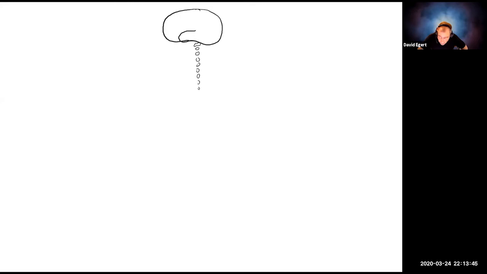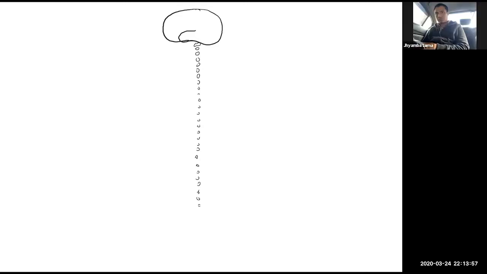And then 1 through 12, 12 thoracic vertebrae. 1, 2, 3, 4, 5 lumbar vertebrae. 1, 2, 3, 4, 5 sacral vertebrae. So these are all the vertebrae here. And then coming out from the little gaps in between, you have spinal nerves.